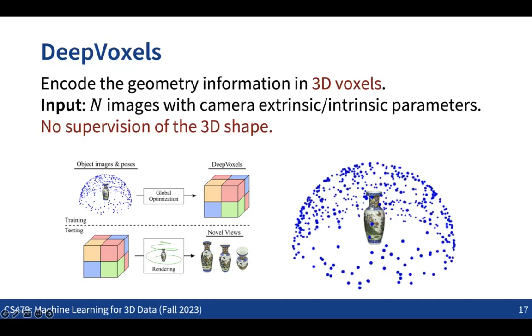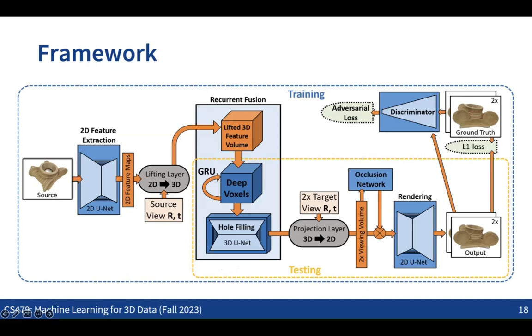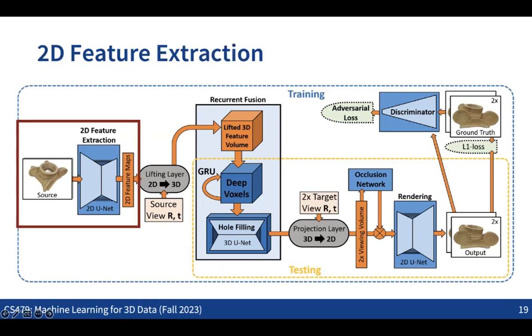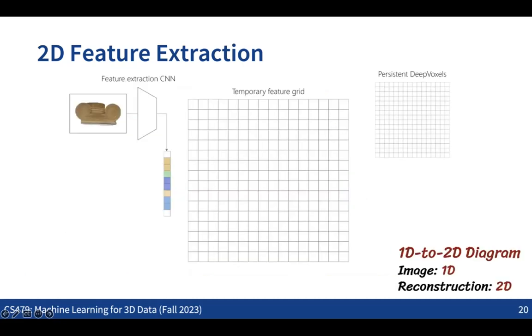And for that, let's think about this pipeline. It might look a little bit complicated, but it turns out that the idea is quite simple. By the way, everything that we are seeing in all these slides is a simplified idea, in which we are seeing 1D to 2D relations.